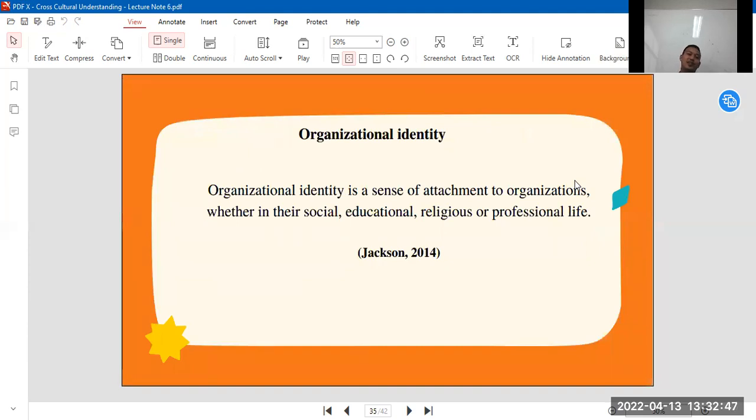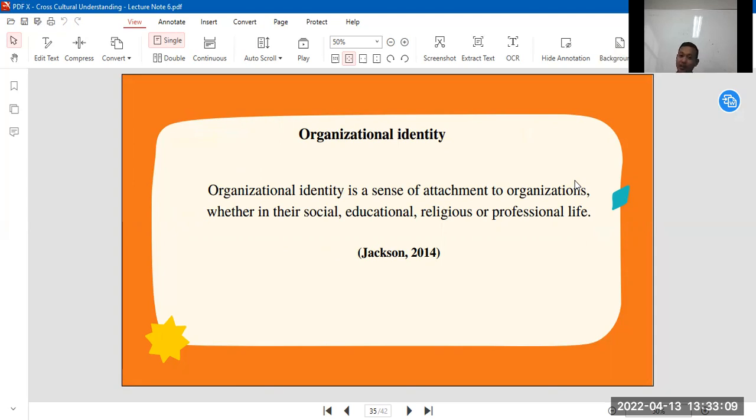We also have what is called the organizational identity. People may also develop an organizational identity, that is a sense of attachment to organizations, whether in their social, educational, religious, or professional life.